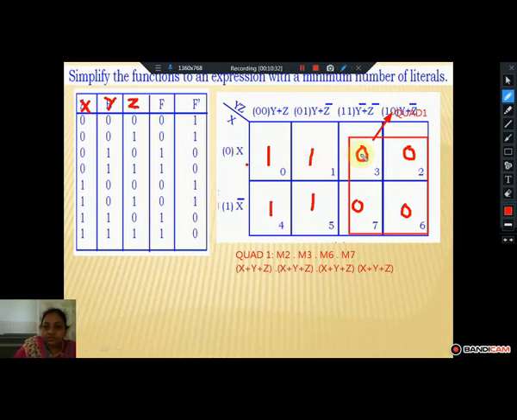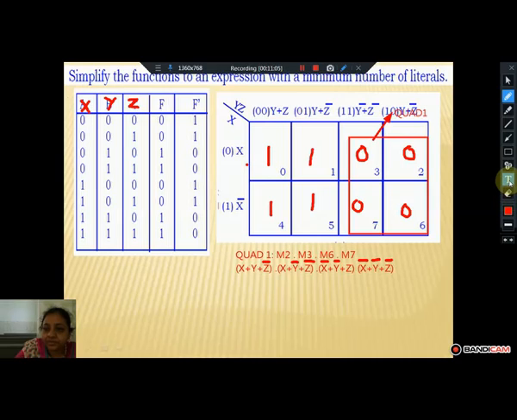Here it is X Y bar Z bar, and this is X Y plus Z bar, and here we have X bar plus Y bar plus Z. 6 is X bar Y bar Z, and 7 is X bar plus Y bar plus Z bar.